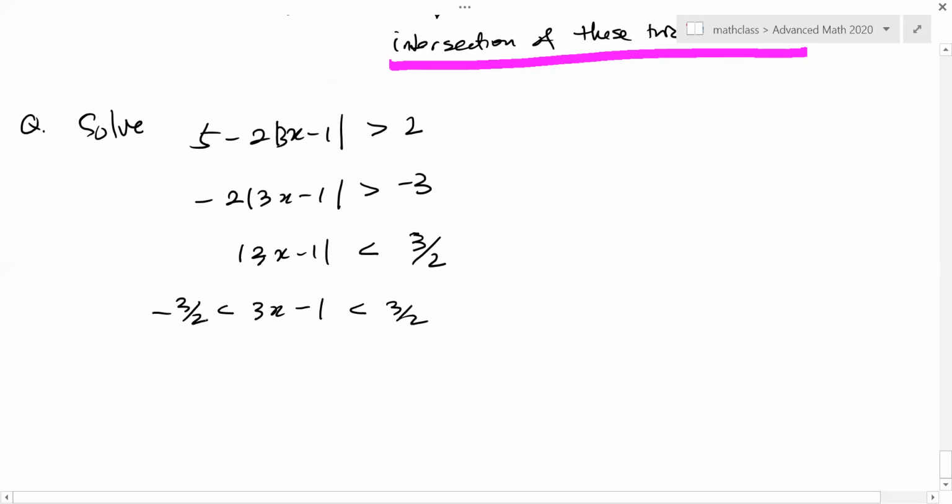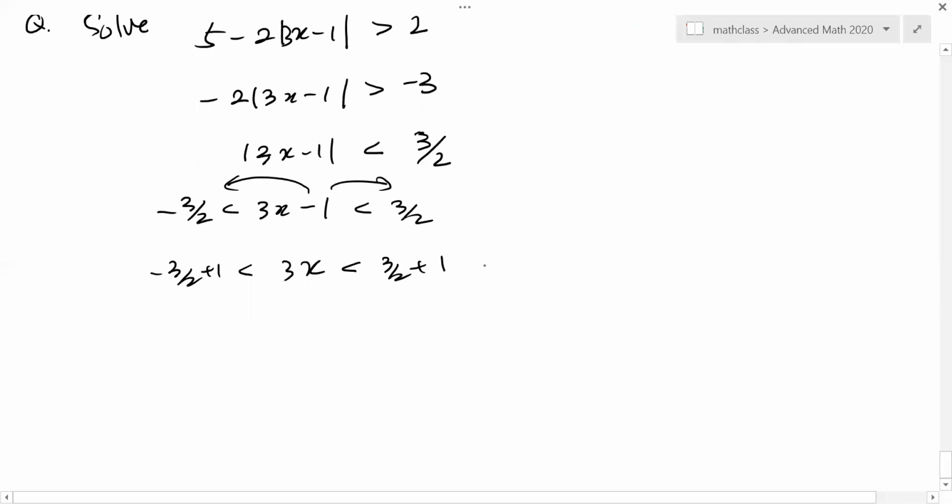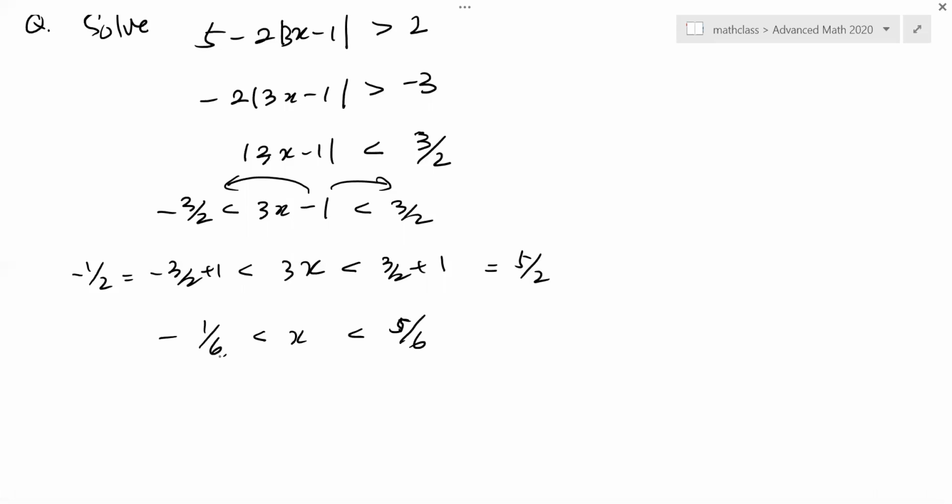Then you move negative 2 to both sides. And 3/2 plus 1 here, negative 3/2 plus 1. So let's simplify this a little bit, okay? This side will be 5/2. This side will be negative 1/2. Then you divide both sides by 3. So it does not need to change the order. This will be negative 1/6. Good job. Okay, so that is the answer.